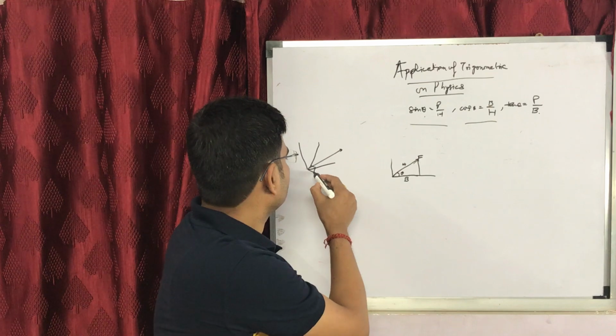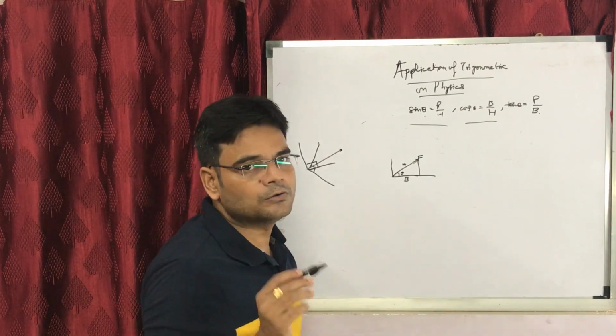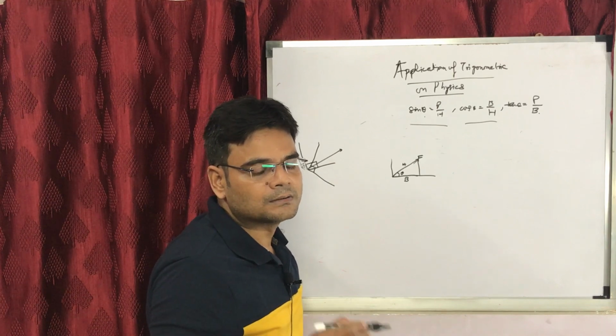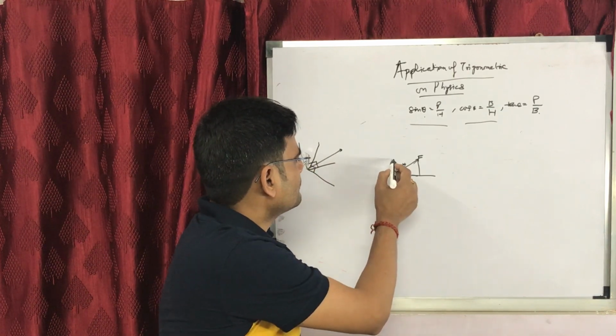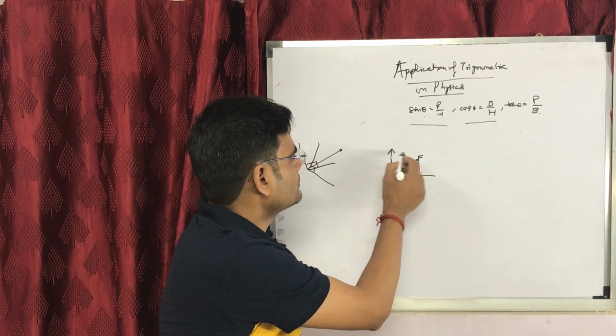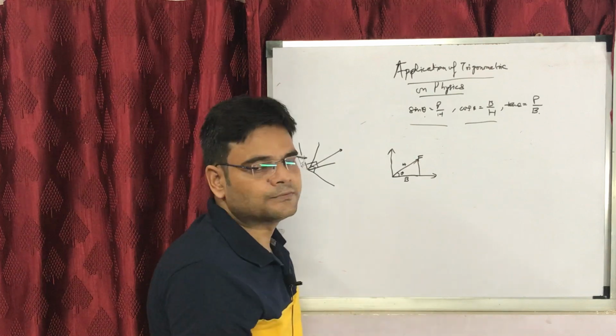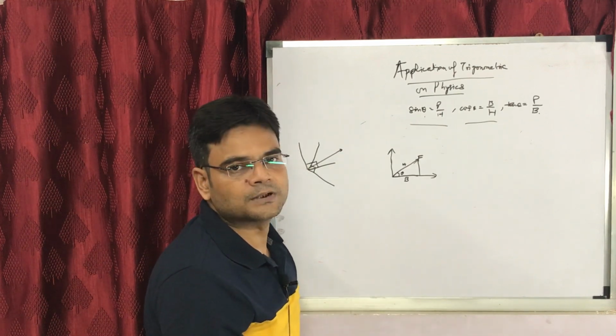It's all up to you. It's all upon the problem. It's all upon what you want to calculate. That is most important. So for this example, you might have heard horizontal component of the force and vertical component of the force. That is where trigonometry comes into picture.